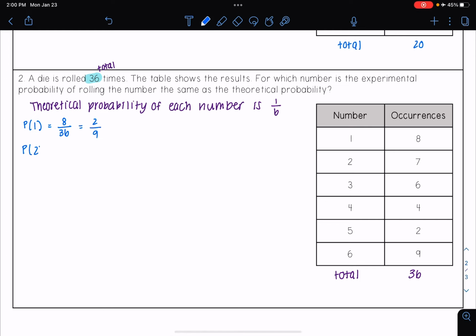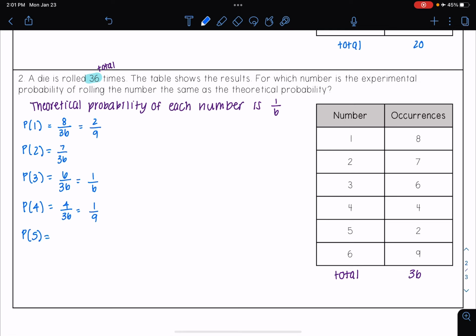Probability of rolling a 2 is 7 out of 36, which can't be simplified. Probability of landing a 3 is going to be 6 out of 36, which simplifies to 1/6. Probability of 4 is 4 out of 36, which simplifies to 1/9.